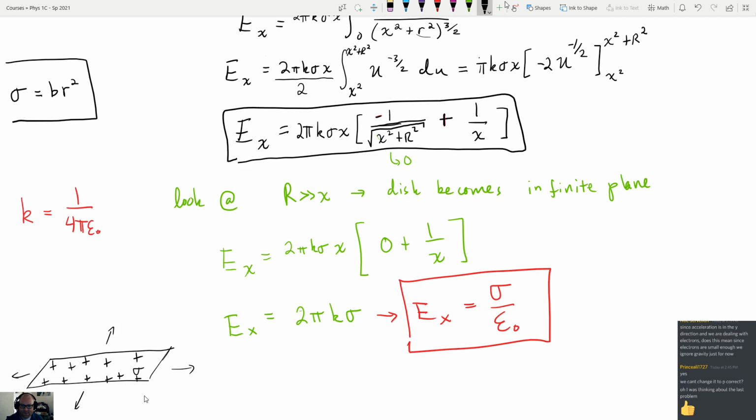Like this. You get parallel field lines pointing up like this. And on the opposite side, you get exactly the same thing. The distance that you are away from the plate doesn't matter, although you need to be close enough that it looks infinite, basically.